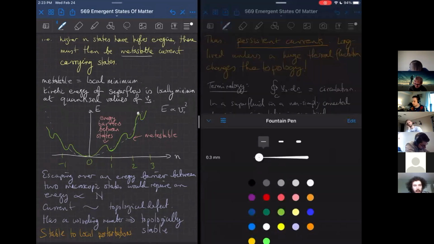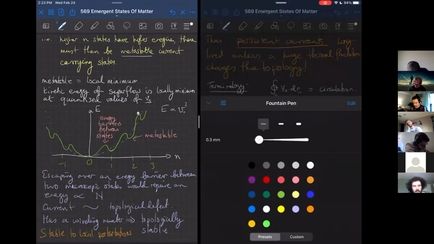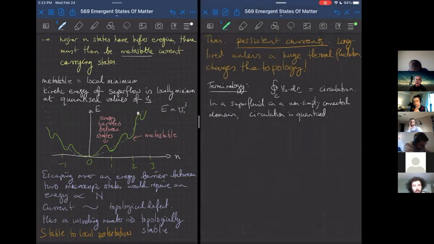Is there still a gamma defined for such states? Yes, but the gamma that we've defined is one that basically assumes a constant velocity. Let me write down, because these are good questions.